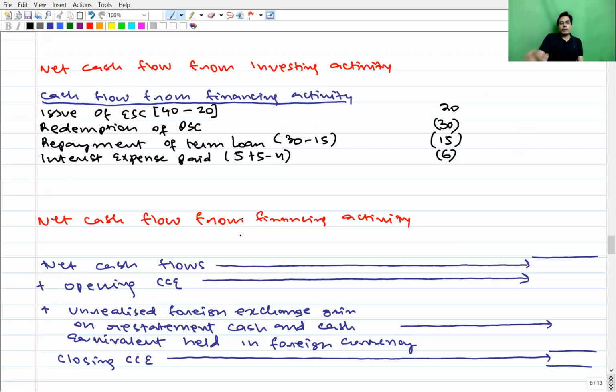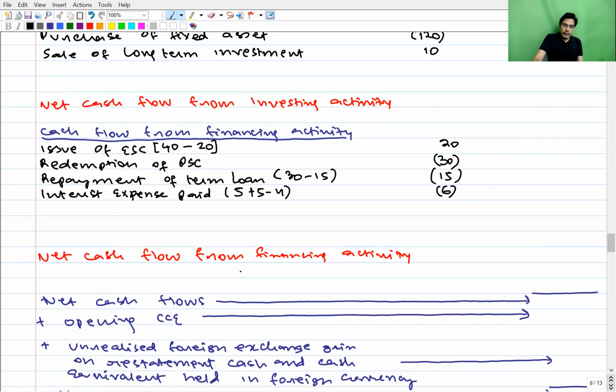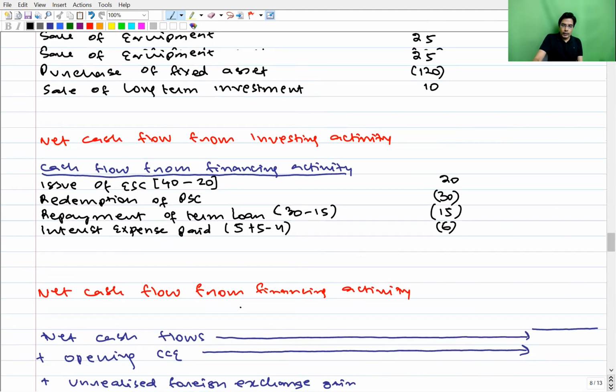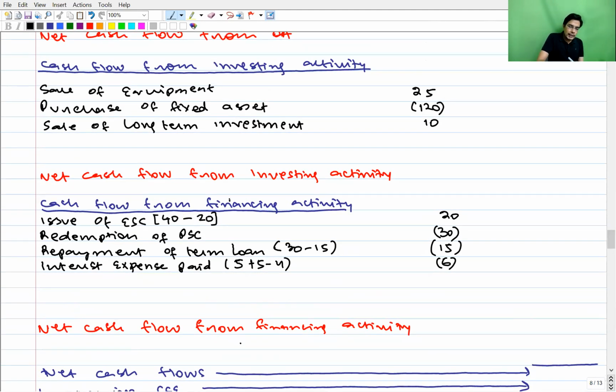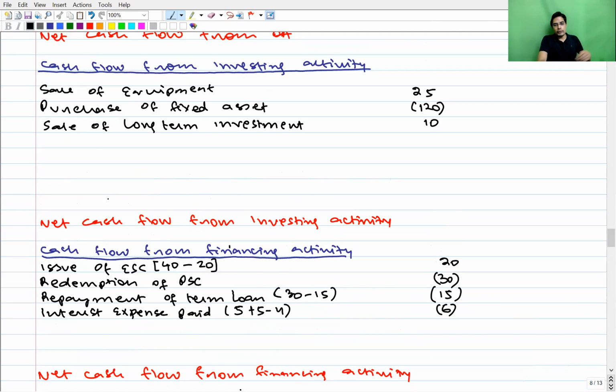So if there would not have been any adjustment, then whatever amount of interest income is appearing in the P&L account, we would have taken it as received. But right now we can't take it as received, the reason being there are some adjustments of accrued income. So how to calculate interest income received during the year?